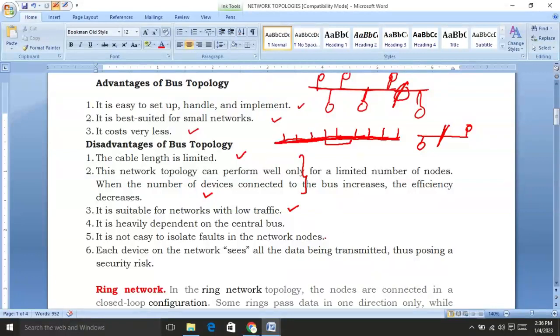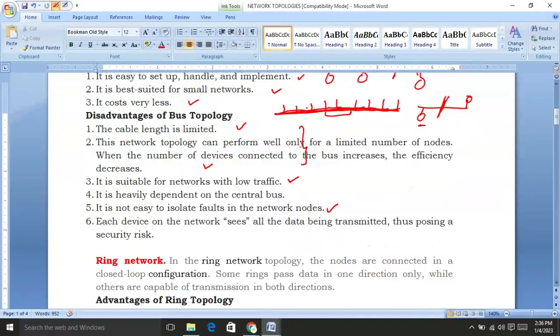Also, it is not easy to isolate faults, because where the traffic is jammed and which node is working and which node is not working is very difficult to identify. Another one is that all the nodes see the data which is transferred on the bus. That means less security for the data. So these are the disadvantages of the bus topology.